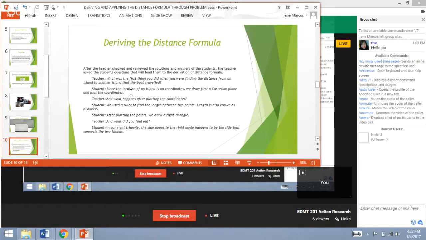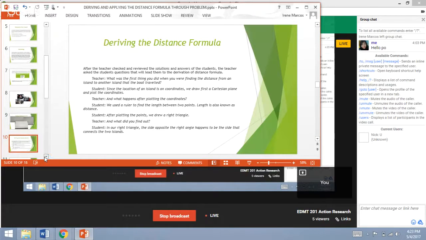The students said, since the location of an island is on coordinates, they first drew the points in the coordinate plane, and then followed by getting the distance between 2 points according to x's only, and then according to y's, and then applying the Pythagorean theorem.